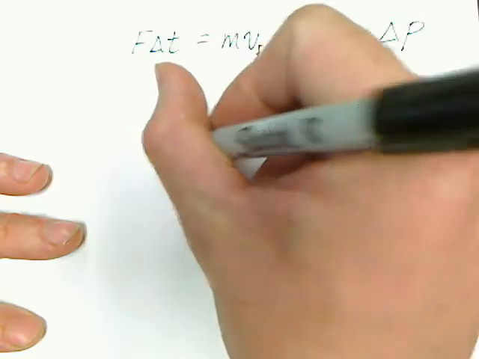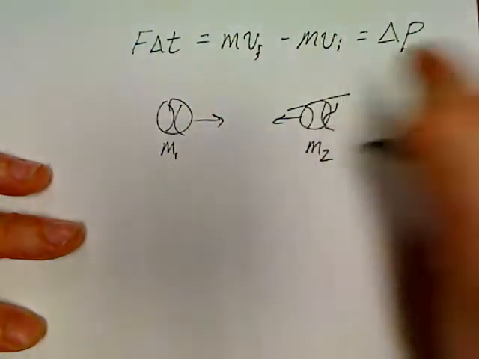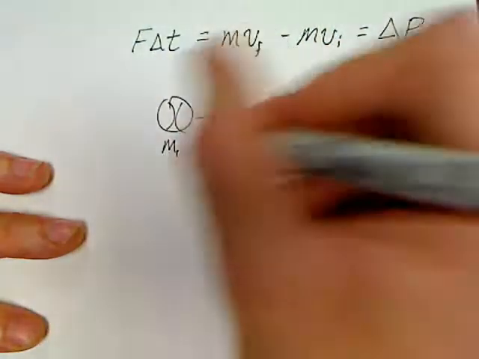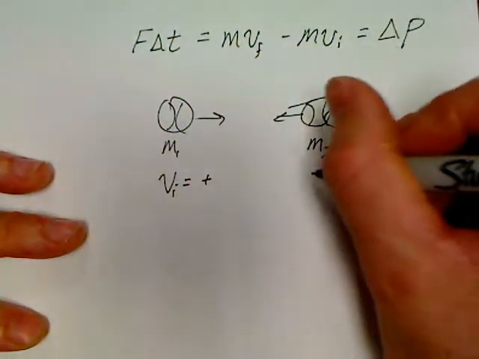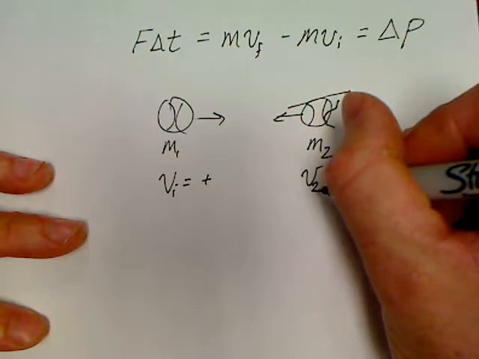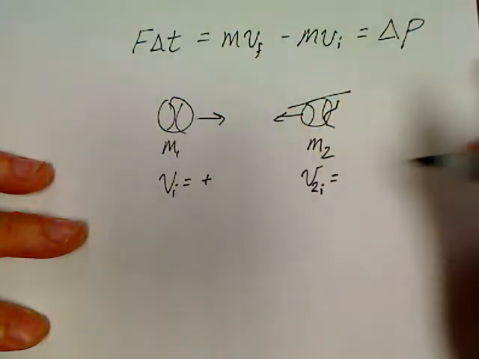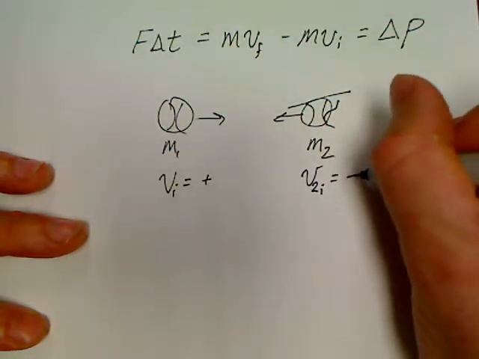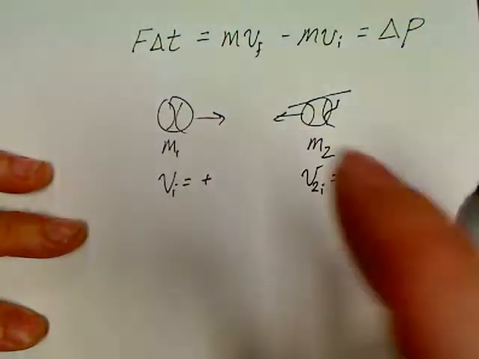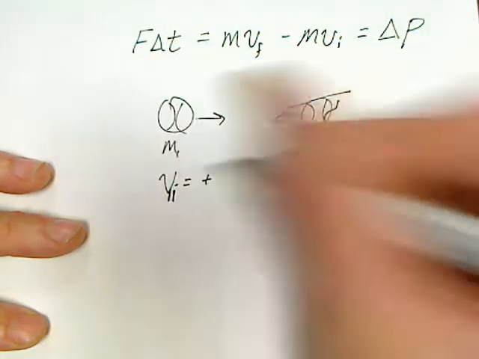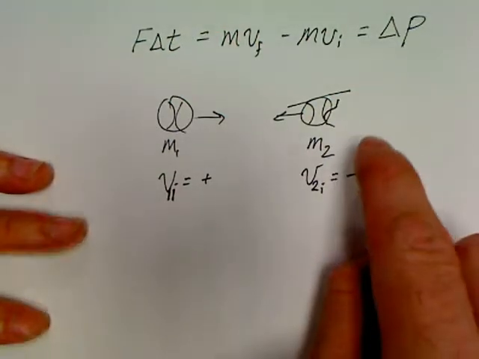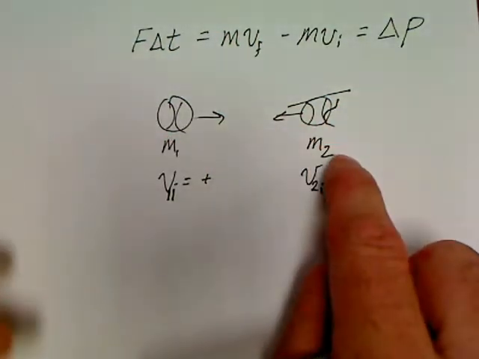Anyway, what happens if we've got two objects like this thrown at each other? We've got this object M1, this object M2. This object has a velocity initial, which would be positive. This object, let's call it V2 initial, would have a negative velocity since it's moving towards the left, and we would need to call this velocity 1 initial. We need to keep those two separate. So what happens if you had two objects?